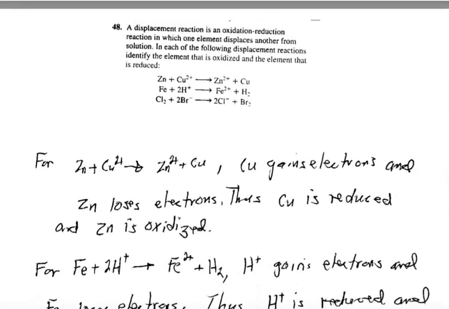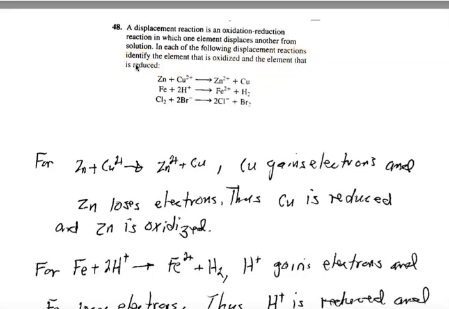Finally, number 48. A displacement reaction is an oxidation-reduction reaction in which one element displaces another from solution. In each of the following displacement reactions, identify the element that is oxidized and the element that is reduced.